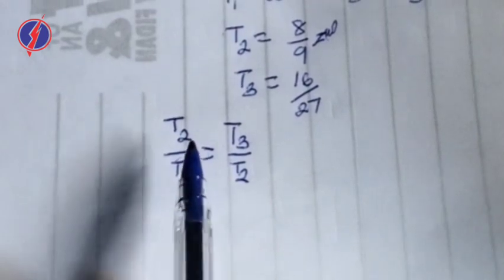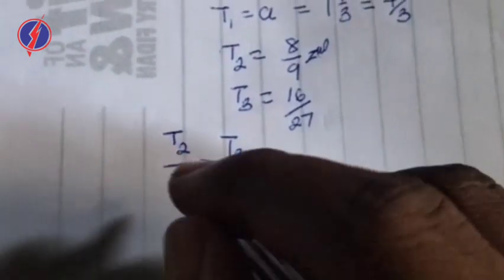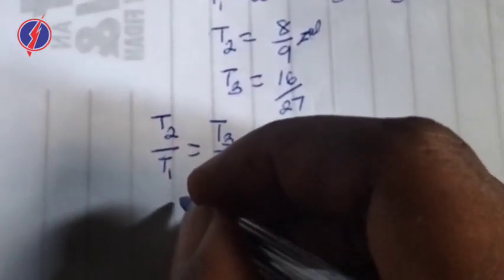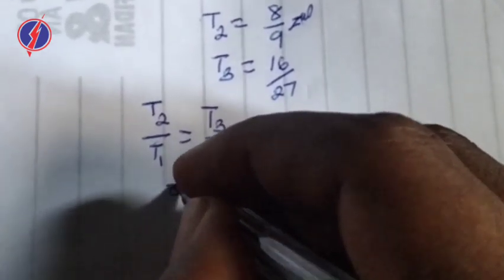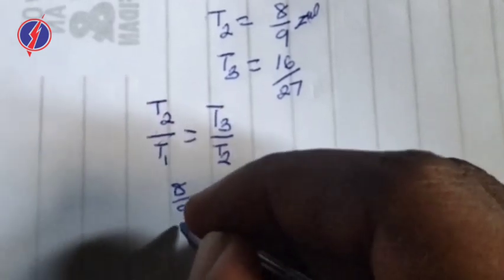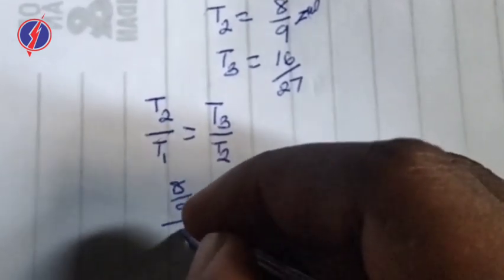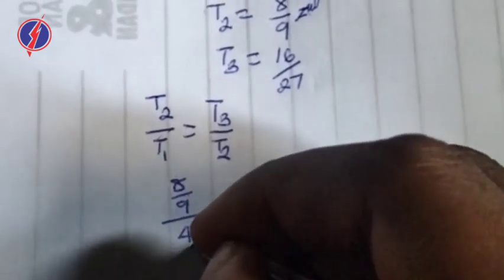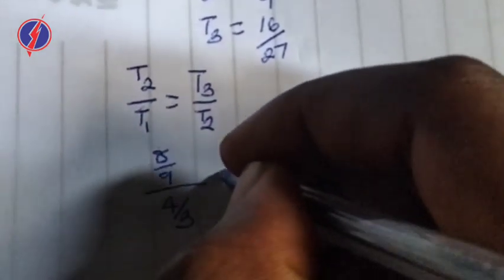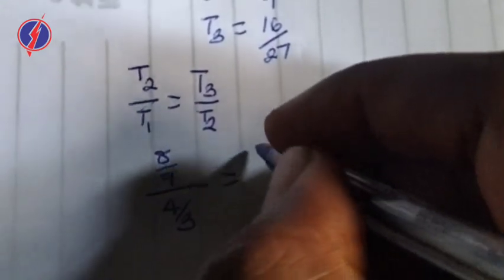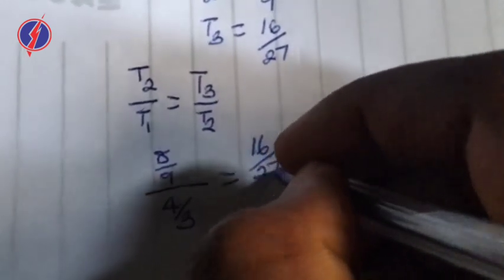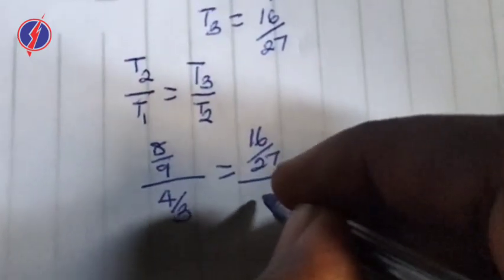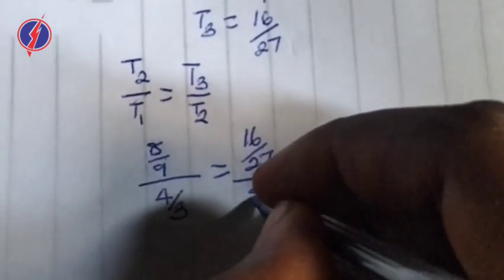So T2 here is 8 over 9 all over T1, which we said is 4 over 3. Then the T3 is 16 over 27, then the T2 is 8 over 9.